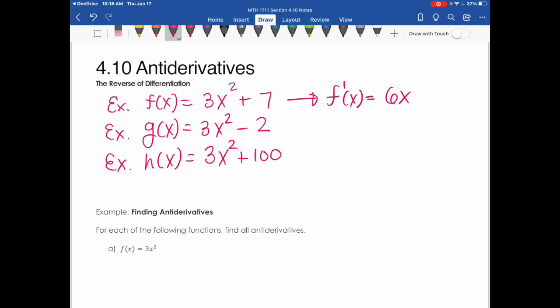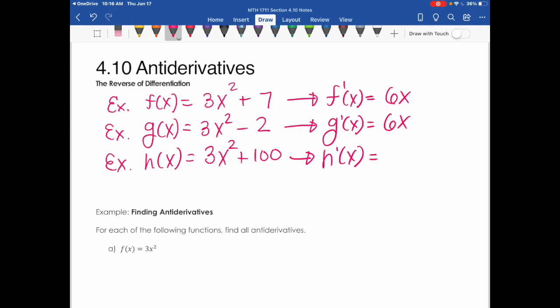Now, if I take the derivative of f, I'm going to get 6x when I take the derivative of the term 3x squared. And then when I take the derivative of the constant 7, I just get 0. So my derivative for f is 6x. Now, when I take the derivative of g of x, for the first term, 3x squared, I get 6x. But then when I take the derivative of the constant, negative 2, I get 0.